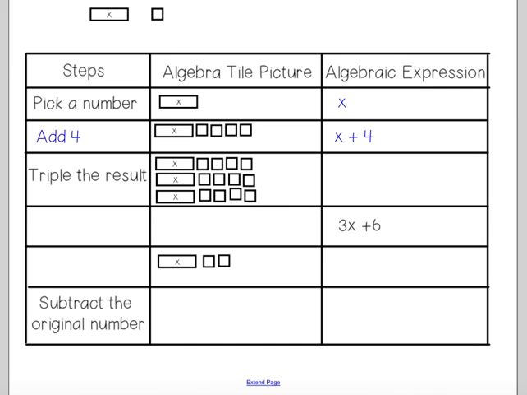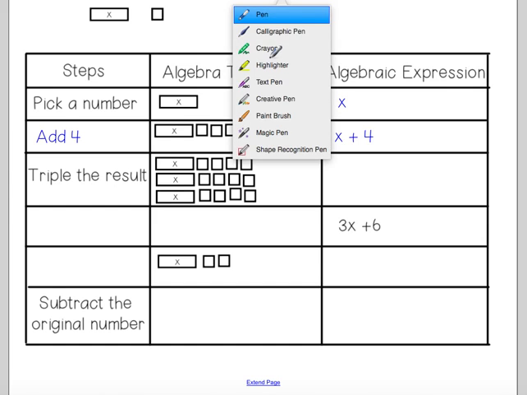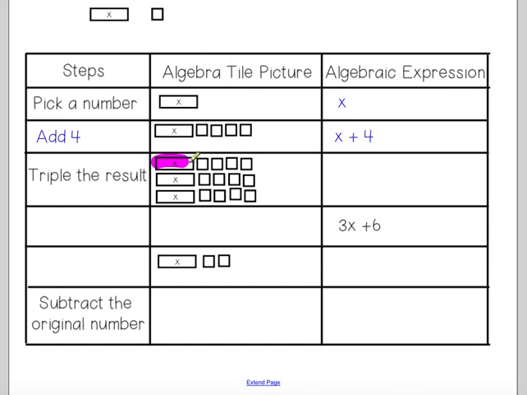There we go. Okay, so now I have 3 groups, and I can highlight them for you so that you can see them really easily. There's one group. There's a second group. And there's my third group.